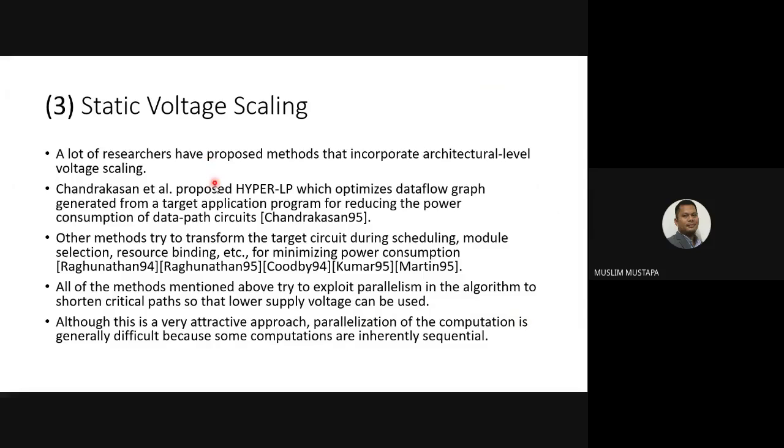So on static voltage scaling too, a lot of researchers have proposed methods incorporating architecture level voltage scaling. So this group of researchers, Chandrakasan et al., propose HYPER-LP, which optimizes the data flow graph generated from a target application program for reducing the power consumption of datapath circuits.